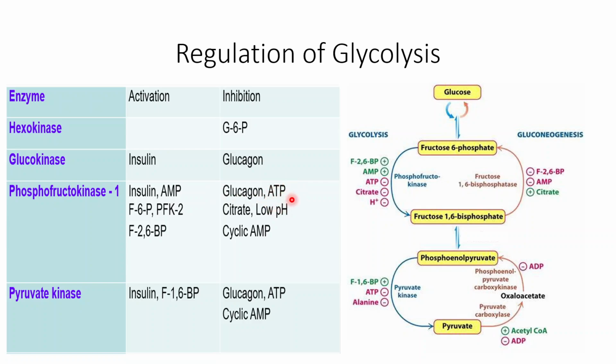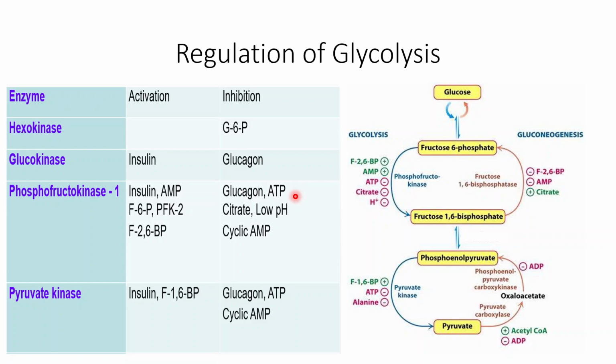ATP also inhibits phosphofructokinase 1. ATP inhibits by acting at an allosteric site. High content of ATP inhibits phosphofructokinase 1 allosterically. Low ATP content will activate phosphofructokinase 1. If you look at the mechanism, phosphofructokinase 1 converts fructose 6-phosphate to fructose 1,6-bisphosphate.